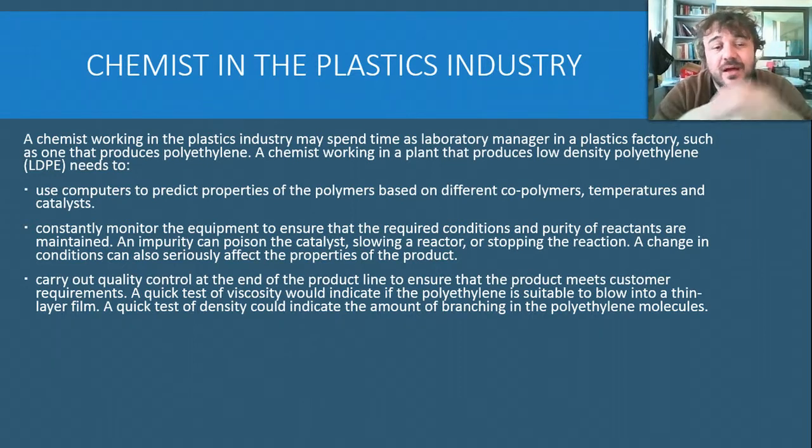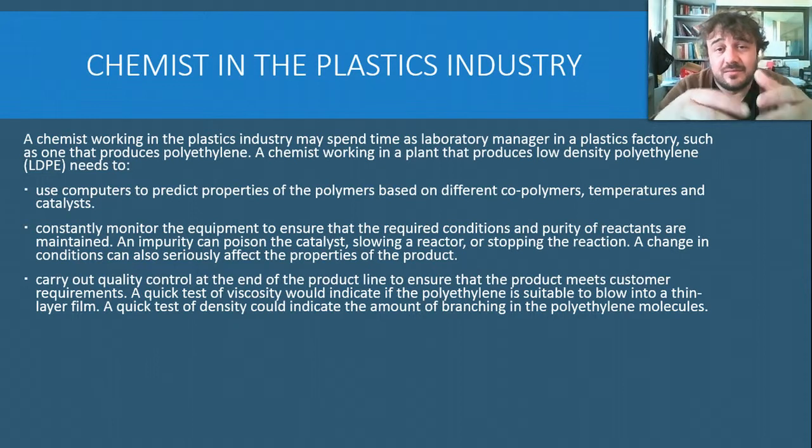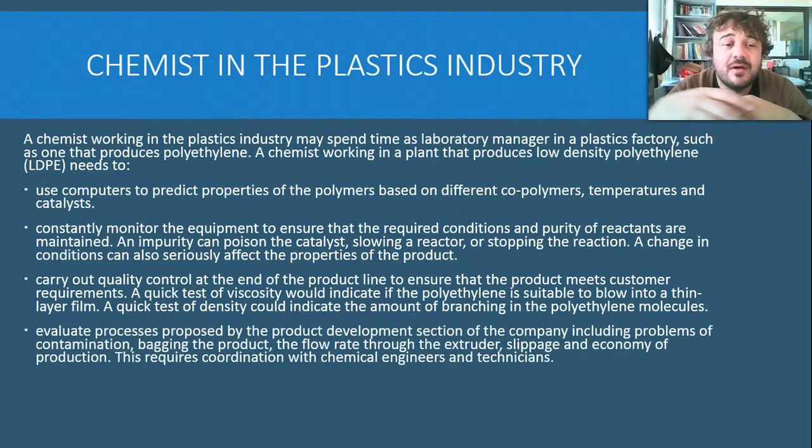It'll just wash away. So you can work out the density to see if it's a high density or low density. Okay, so if it's got low density, it has very few branches along the chain, and this allows us to make LDPE, and that's what in this case the factory is trying to produce.